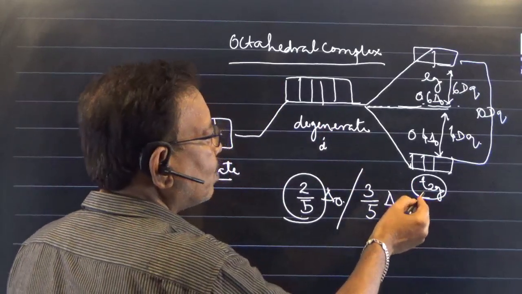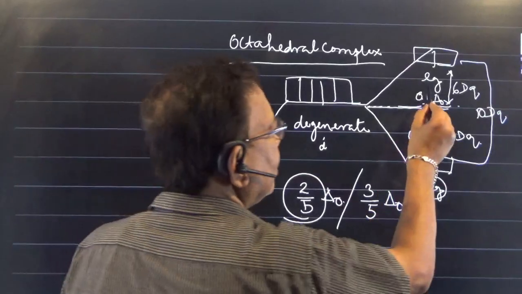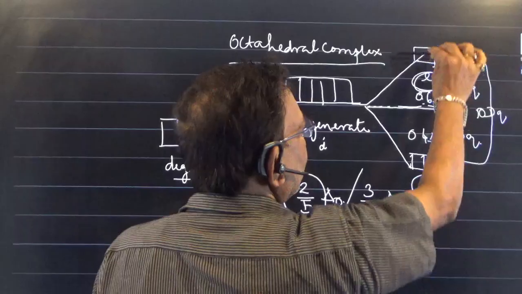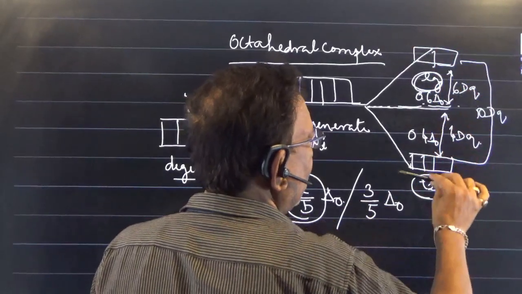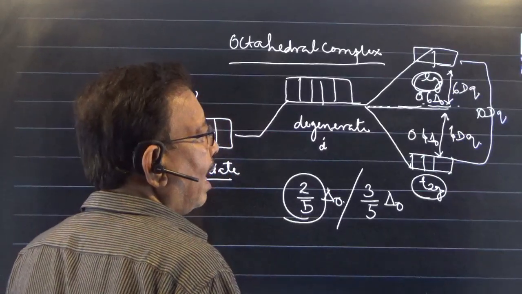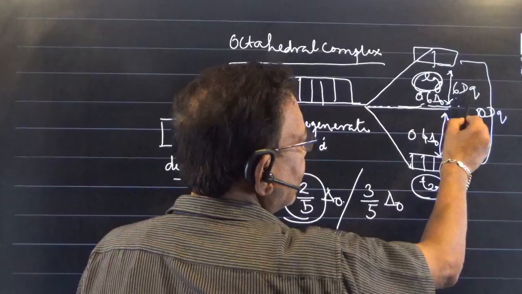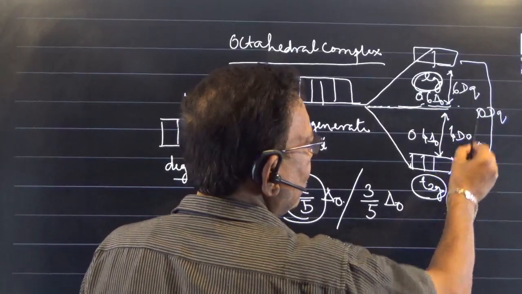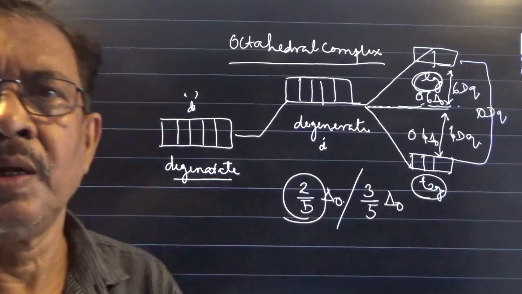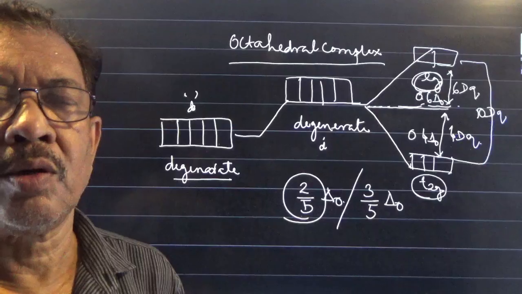T2G will not experience the higher repulsive force, whereas Eg experiences higher. Therefore it goes up and this comes down. The energy gap between them is your 0.6 octahedral or 6 dq. This is 4 dq. Total is your 10 dq. This is for octahedral complex. Copied.